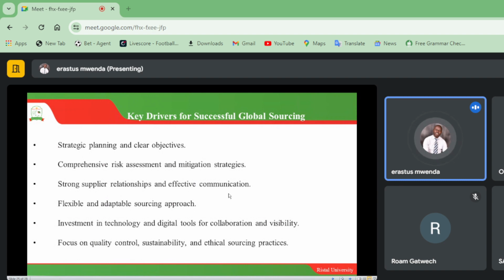The other one is comprehensive risk assessment and mitigation strategies. So assess the risks. We had a slide where we discussed risks. So check to find out whether any of those things that we listed in our risk slide do not affect you or happen to you.